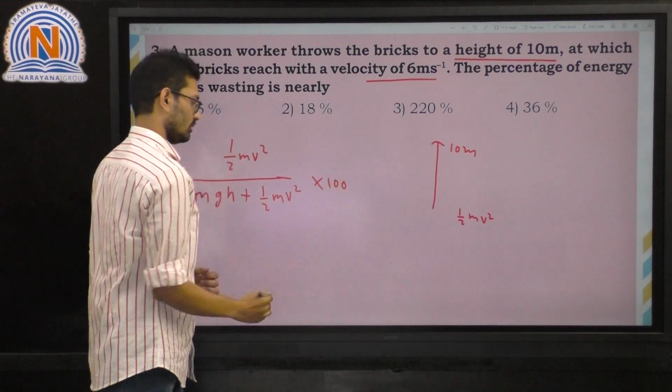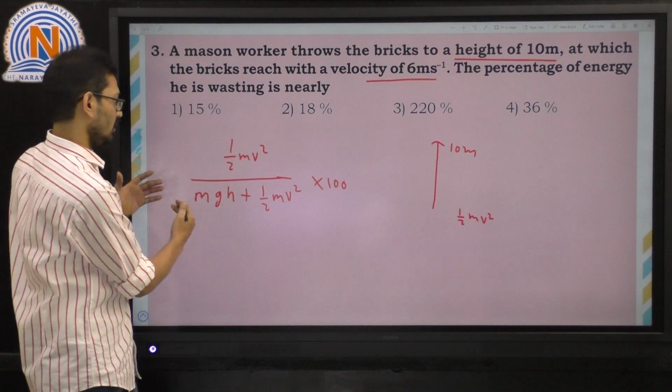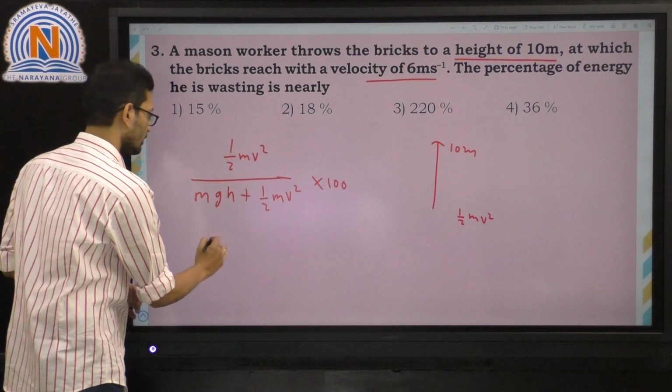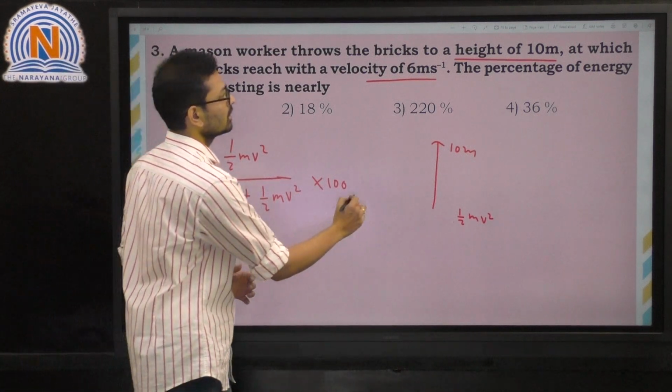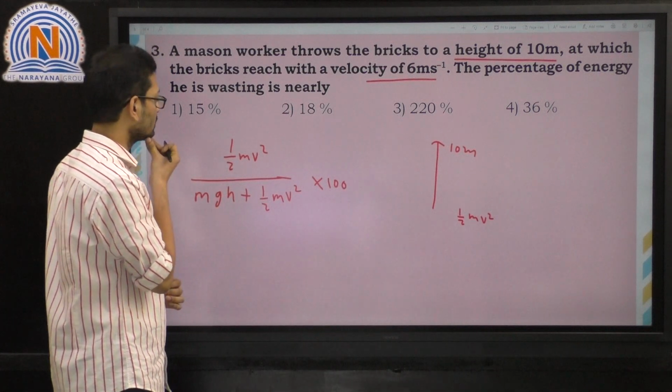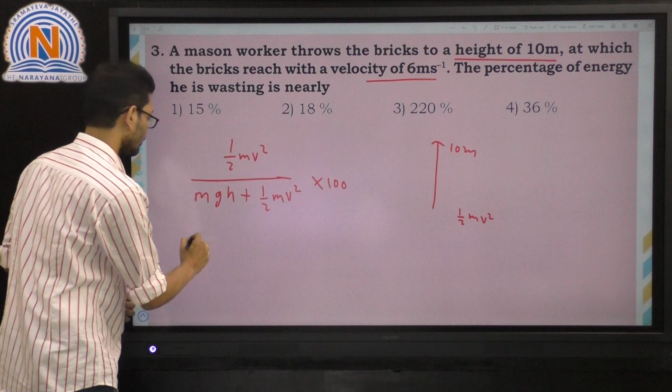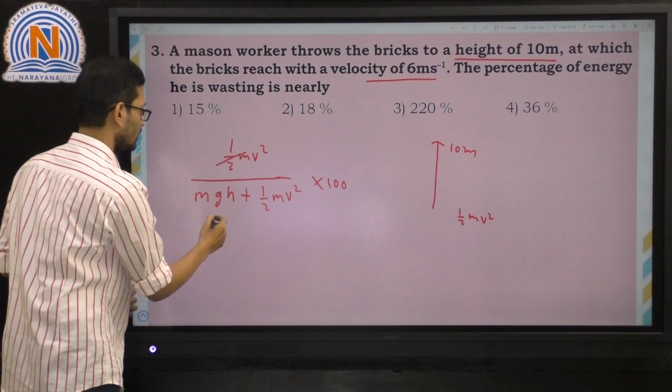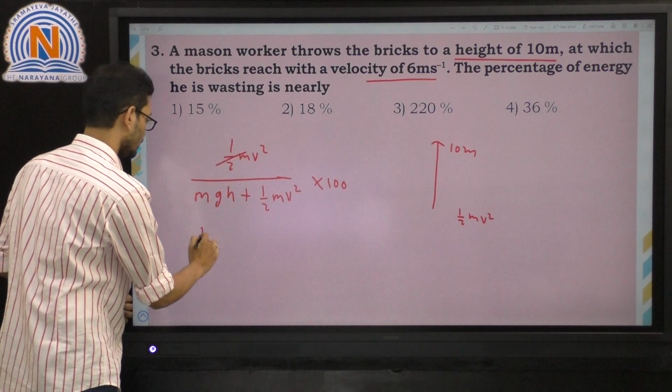Now if you take half m common, you will be getting it. So that is the percentage of energy wasted, and if you try to solve this, half m, if you cancel from here, half m.